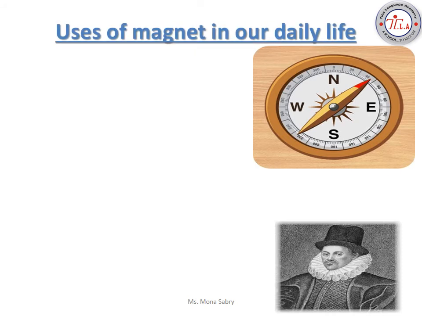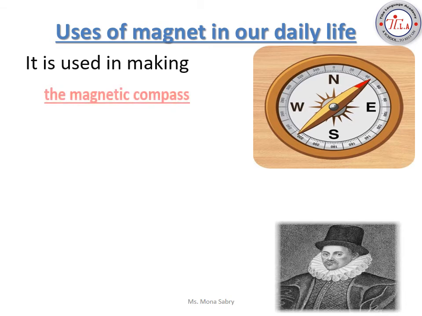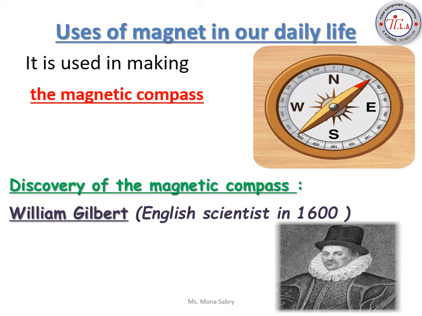Uses of magnet in our daily life. It's used in making the magnetic compass. Discovery of the magnetic compass: William Gilbert is the English scientist who discovered the magnetic compass.